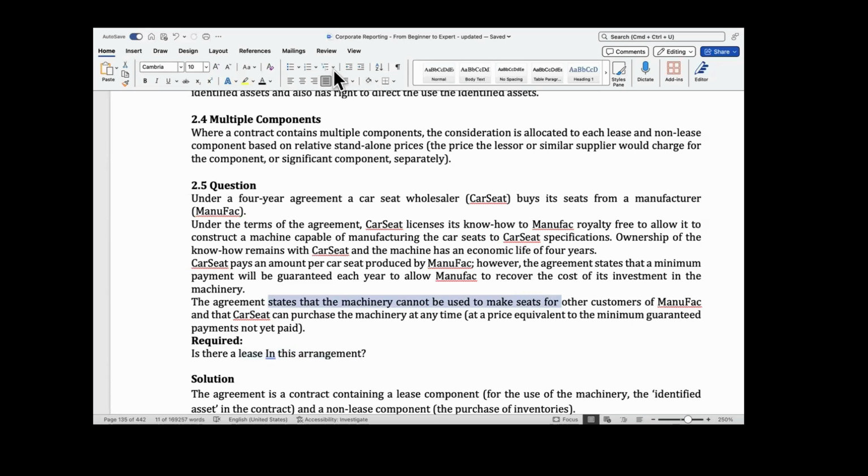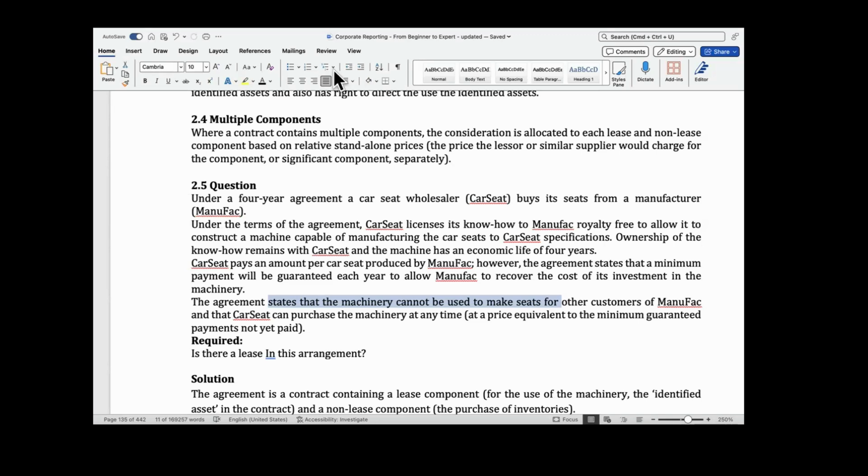So indirectly, as far as this machine is concerned, Car Seat has the right to control, because it's only Car Seat that is obtaining all the economic benefit from this asset. And he is also the one directing the use. He was the one that dictated how the asset would be produced, what they would use it for, and all of that.